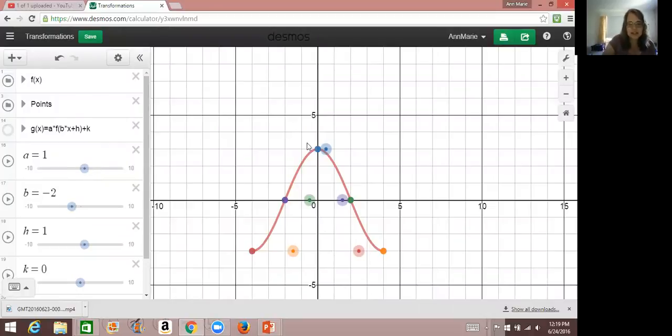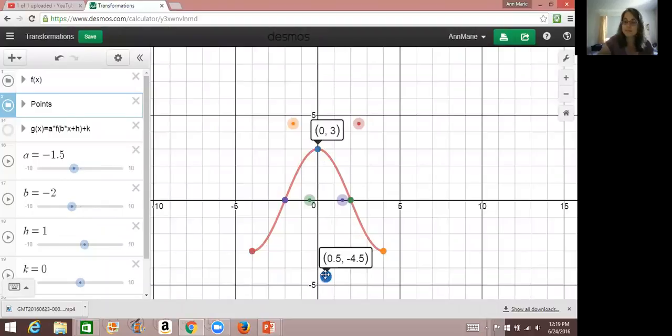So that means that this point here that is at the point 0, 3 should become what? I'm going to multiply it by -3/2. So it should become 3 times -3/2, -9/2. So 0, -4.5. Yes.